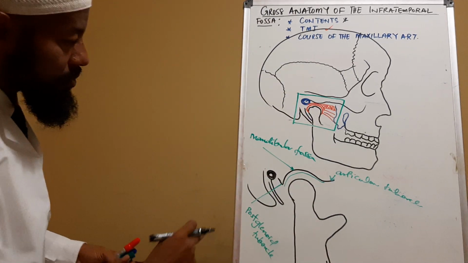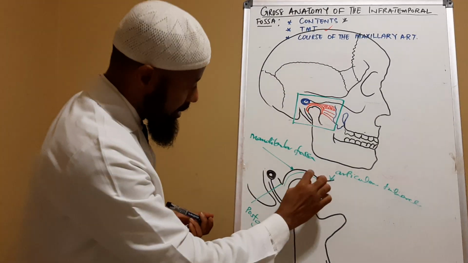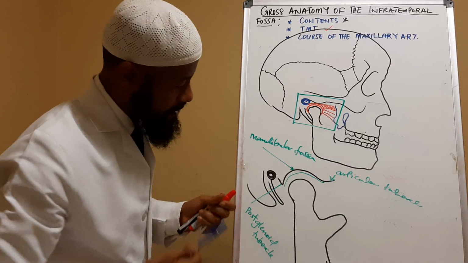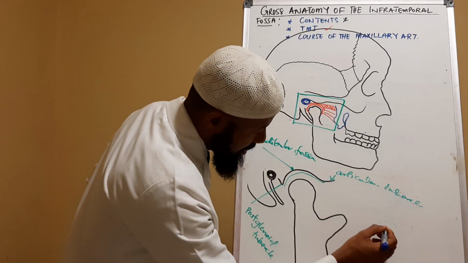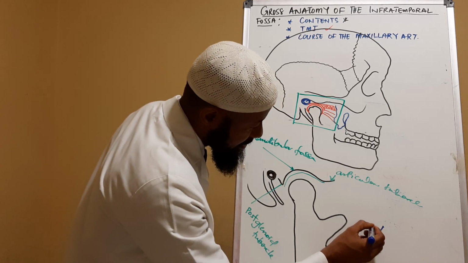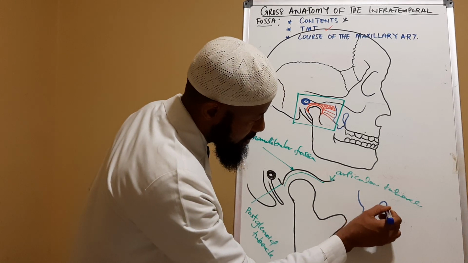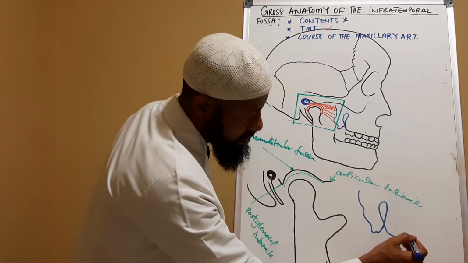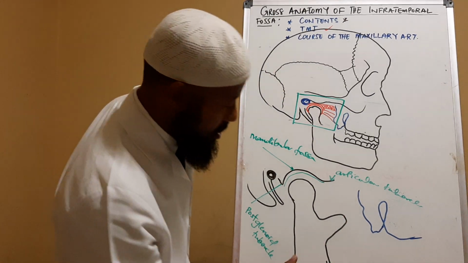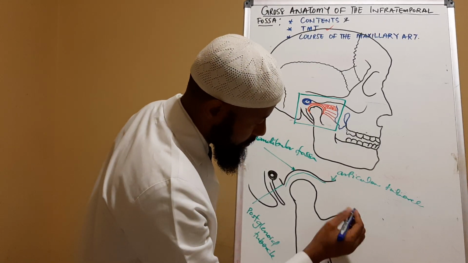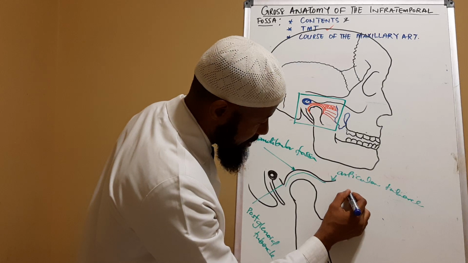Good. Now let's see, there's a space here. Remember that we have the lateral pterygoid plate. That's the lateral pterygoid plate there, and that's your maxilla.